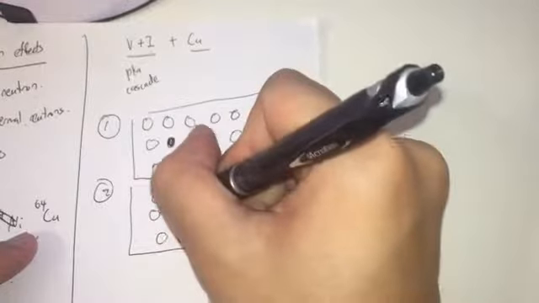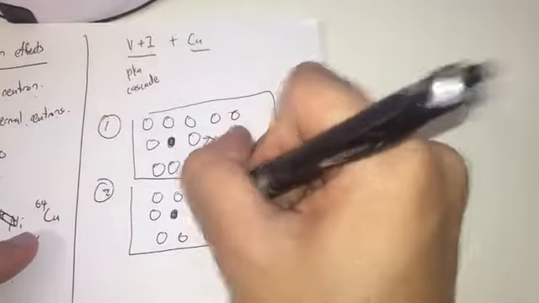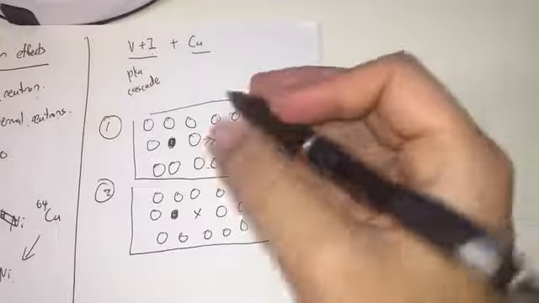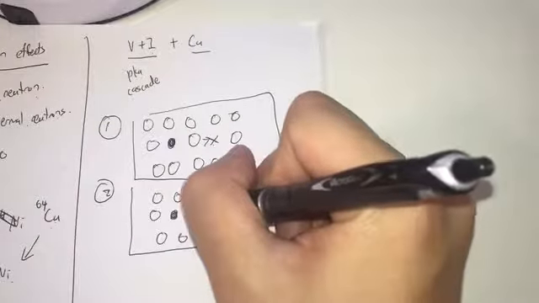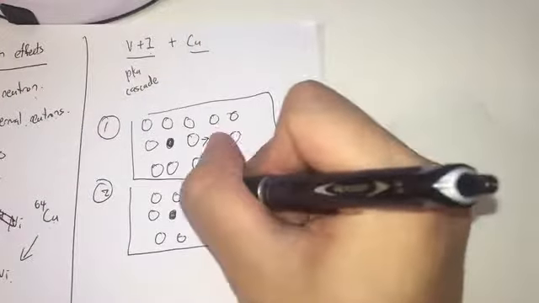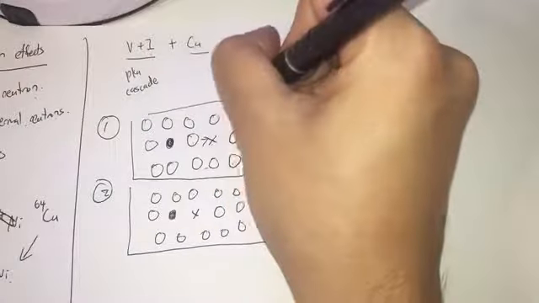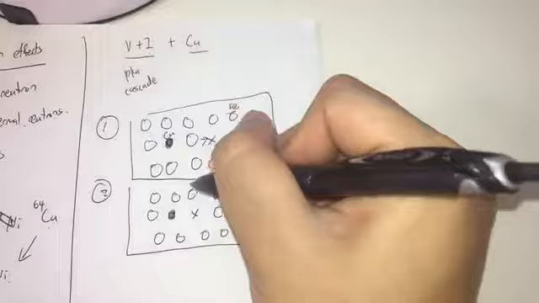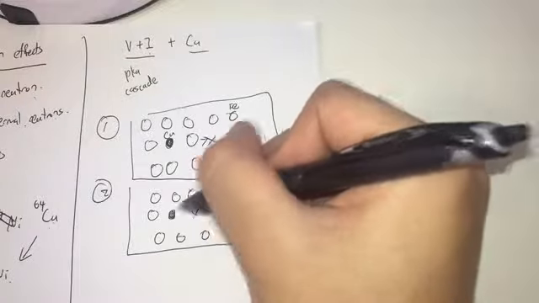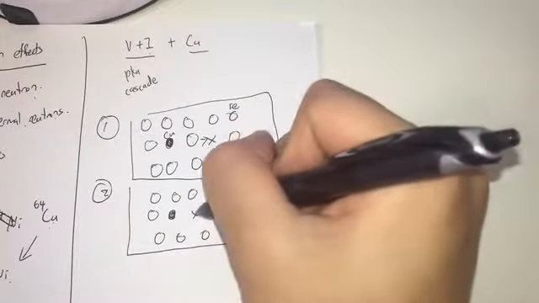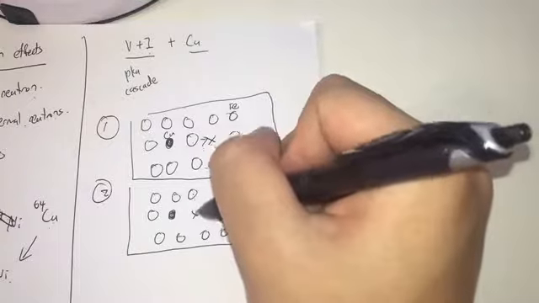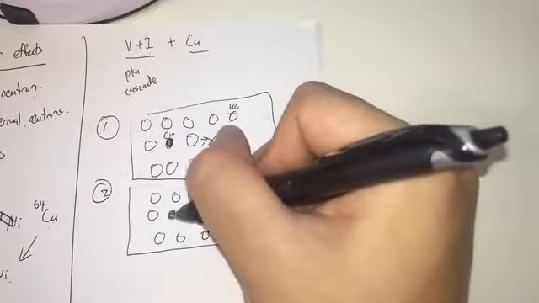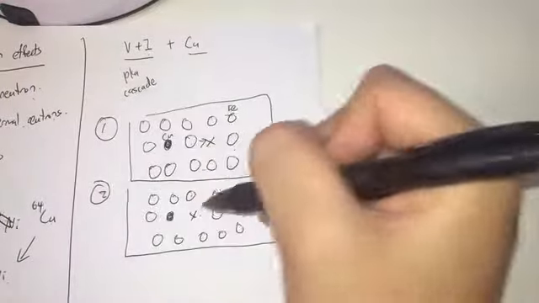So we have a copper atom, and we have a vacancy here. Now we have a vacancy beside an iron atom. These blank ones are iron, this one is copper. So we have an iron atom that could hop into this vacancy, or a copper atom that can hop into this vacancy.